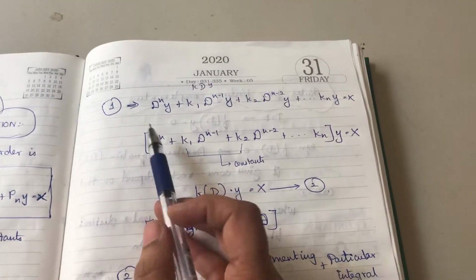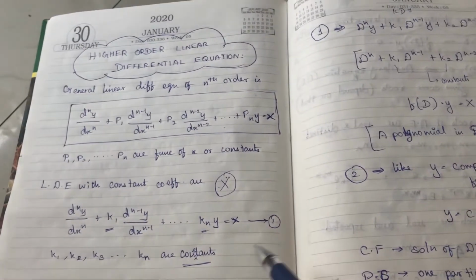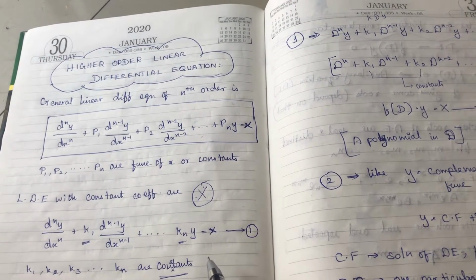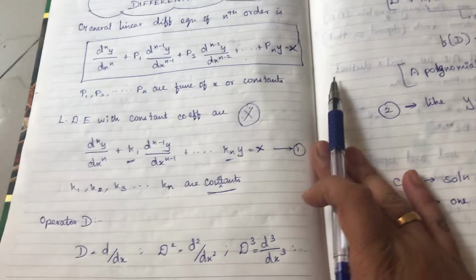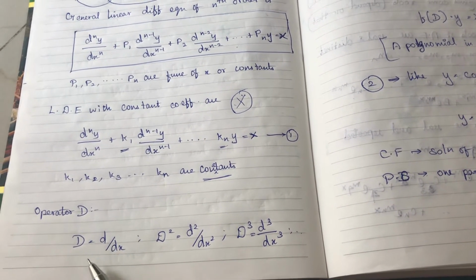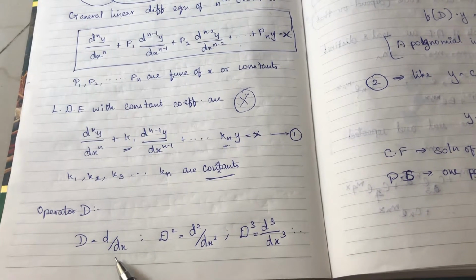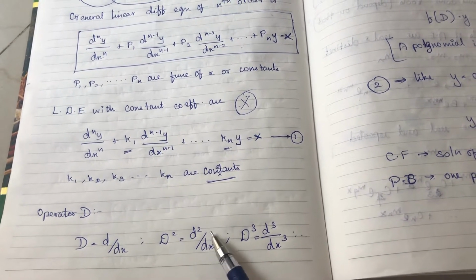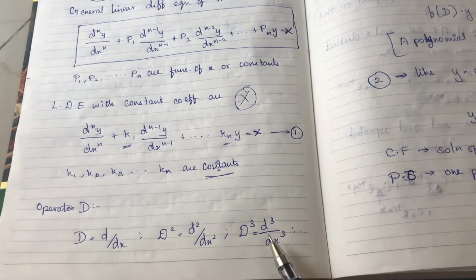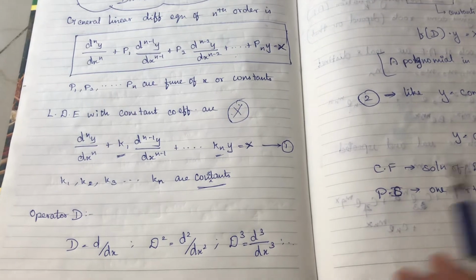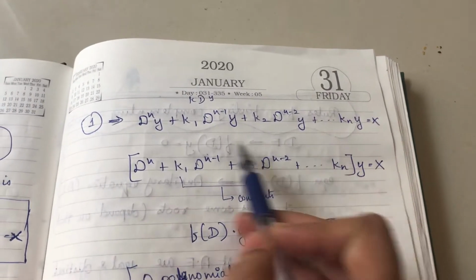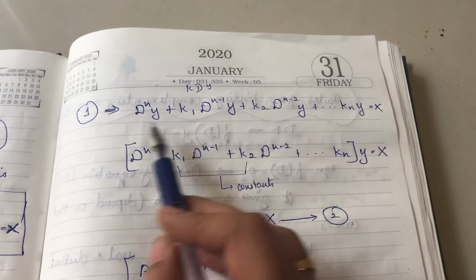I take this first equation as 1, and I can write it using the operator D, where D equals d by dx, D square means d square by dx square, and D cube means d cube by dx cube, like first, second and third derivatives. So I am writing the constant coefficient equation this way.